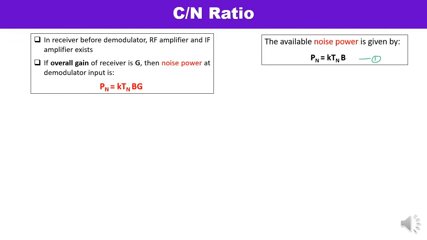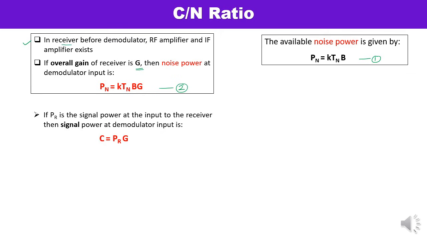In the case of the receiver before the demodulator, the RF amplifier and IF amplifier exist. If we say the overall gain of the receiver is G, then the noise power at the demodulator input will be Pn multiplied by G. So this is K Tn B into G. This is how you can write it down.